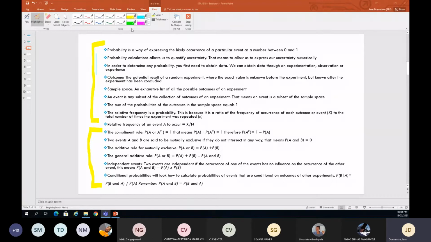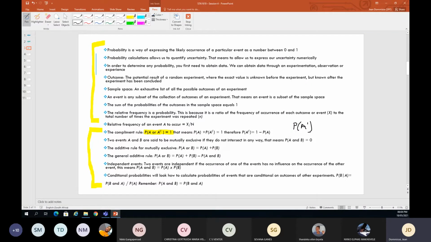It's not that you're not allowed to use the notes that I give you, so please use them in the exam as well. So the things that we will talk about: if you have the probability of A, the rest is the complement. So that is 1 minus the probability of A, and they can show it in 2 ways. Sometimes they have it to the power of C as the complement, sometimes they write it differently, as in certain textbooks.